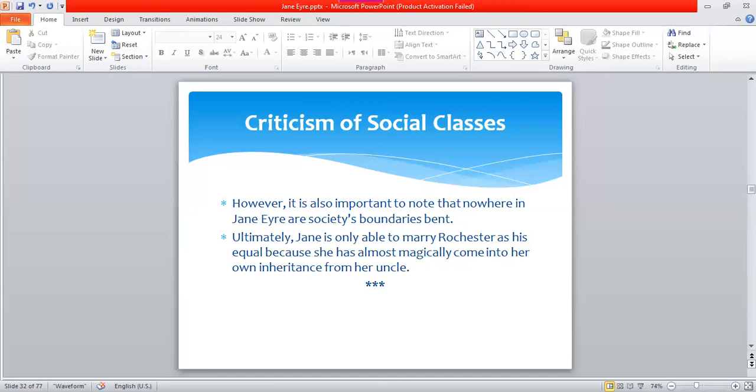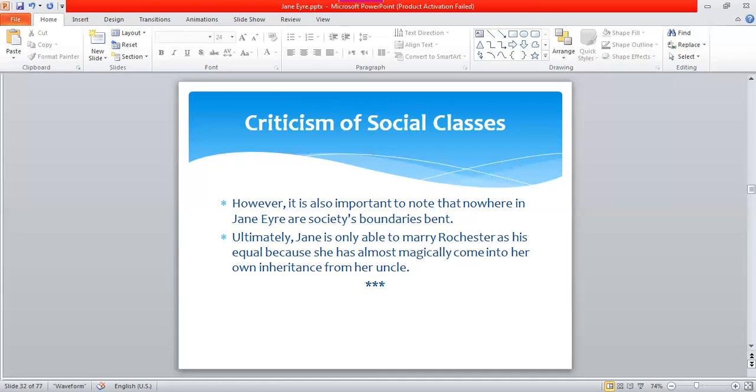When Jane is poor, she fails to marry Rochester. But when she becomes rich, only then she becomes his social equal, and only then their love story ends happily by their marriage.